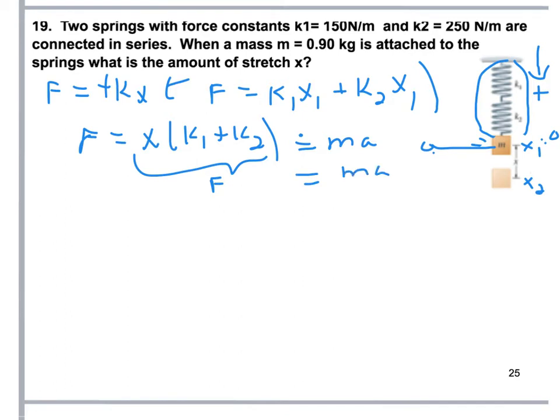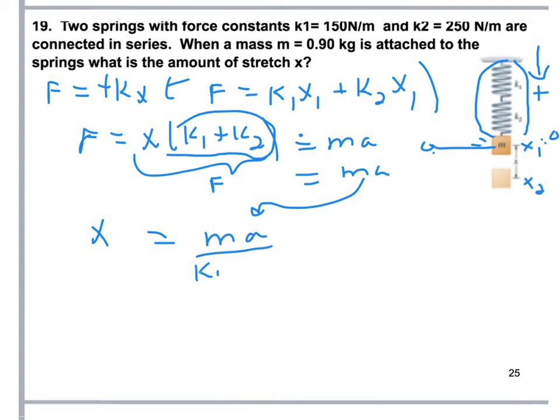Now that we have it in this form, we can go ahead and solve for x. We're going to take this over here, and remember on this side we have ma. That's what this is right here. And then we're isolating x, so we're going to take that part and divide both sides by it. So we wind up with the equation right here.